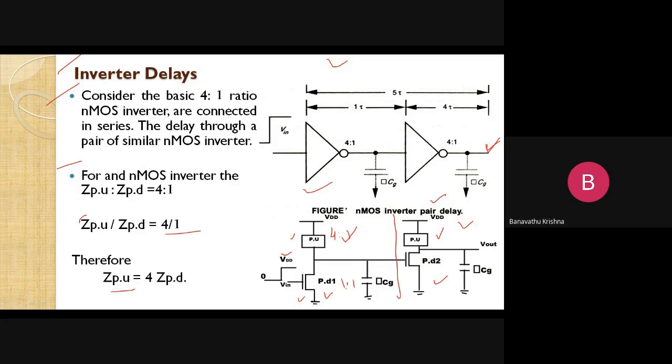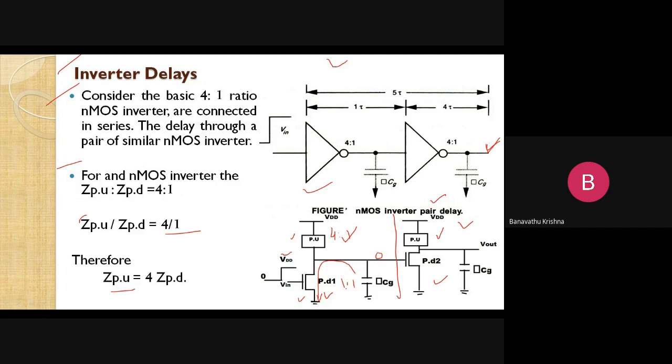When the pull down device is on, whatever value is across this gate capacitance will be discharged to ground through the pull down transistor. Finally we have the value here, it is 0. That 0 is given to the input of the second inverter.